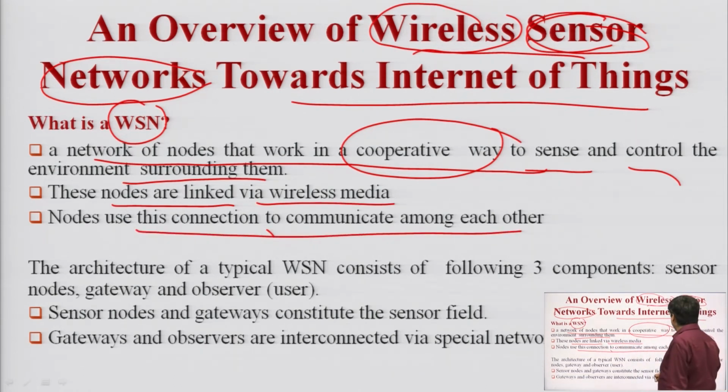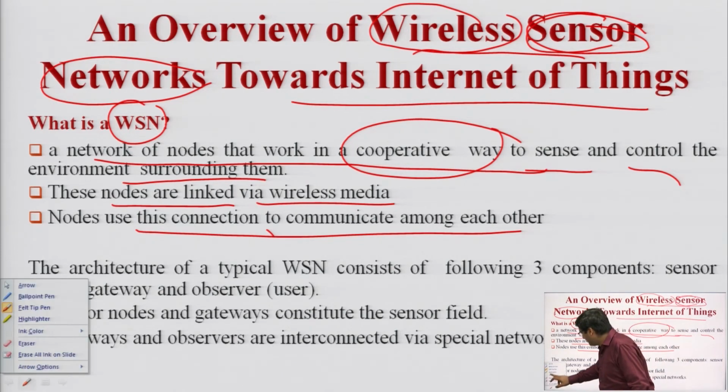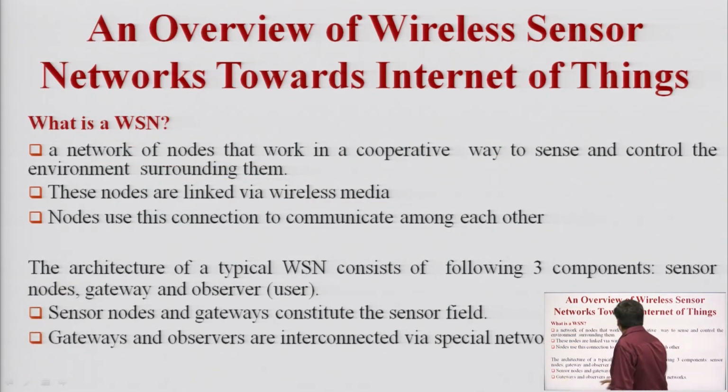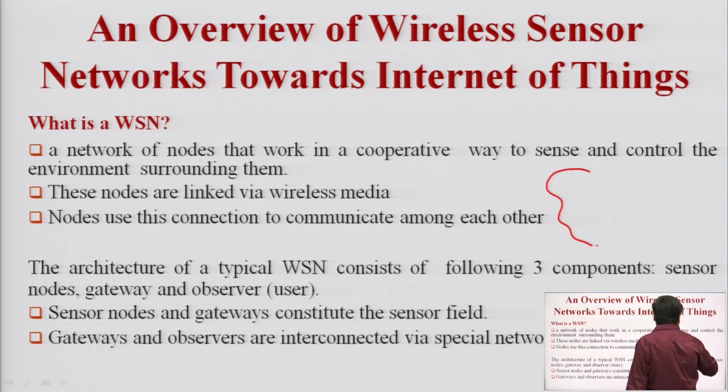I am erasing the things here. In a WSN there is some area, in agriculture for example. There are a large number of sensor nodes we can deploy according to our applications.